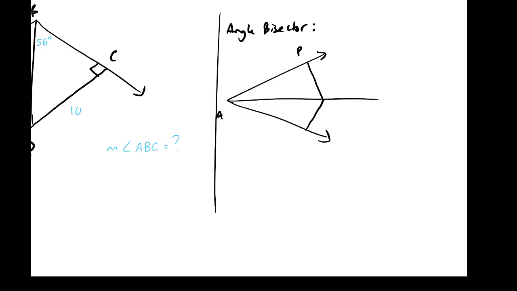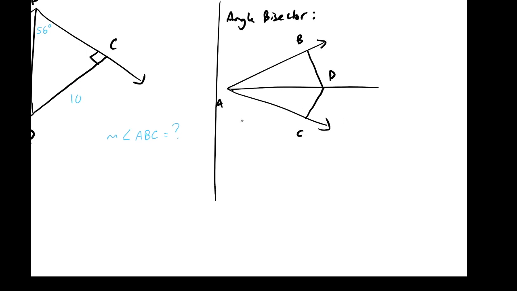If I have A, B, C, and D, what I can know is the following, is that if this guy and this guy are congruent, in other words, AD is the angle bisector, which means BAD is congruent with DAC.